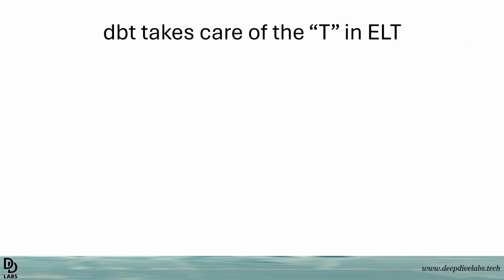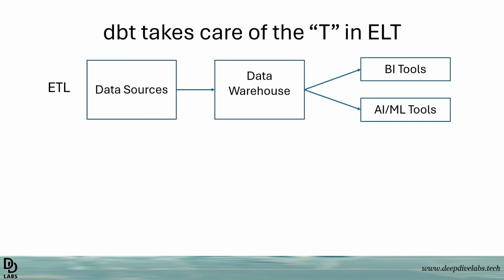So let's take a deeper look into what we mean when we say DBT takes care of the T in your ELT process. Very quickly reviewing your ETL process: you have your data sources, your transactional OLTP, right? So the transformation happens here.